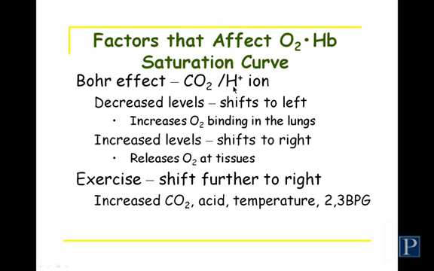And we're going to be looking at what happens to hydrogen ions because it's all intricately related to how CO2 is transported. So the Bohr effect shows us a relationship between carbon dioxide and hydrogen ions and the ability to transport oxygen. During exercise, these things are elevated. So what about this 2,3-BPG?